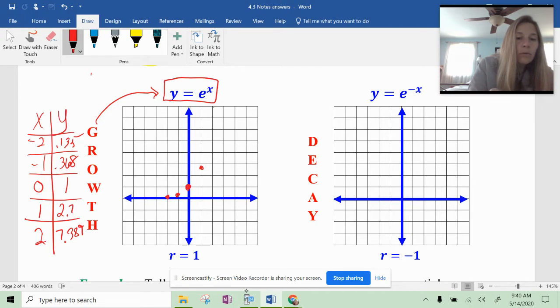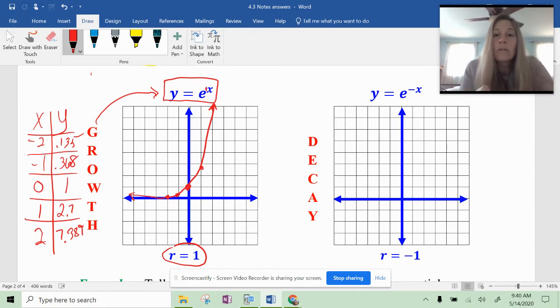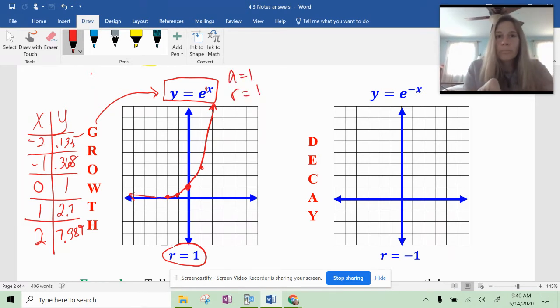So I think it's like right here at the top. Now it's telling you here that the R value is 1. You might be like, wait, what do you mean it's 1? Well, because is there a number here in front of the X? You don't see anything there, then you know it's a 1. So in this case, the A is 1 and the R is also 1.